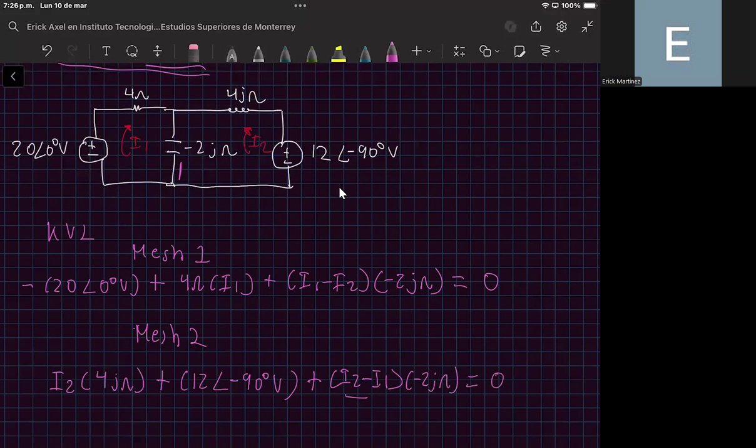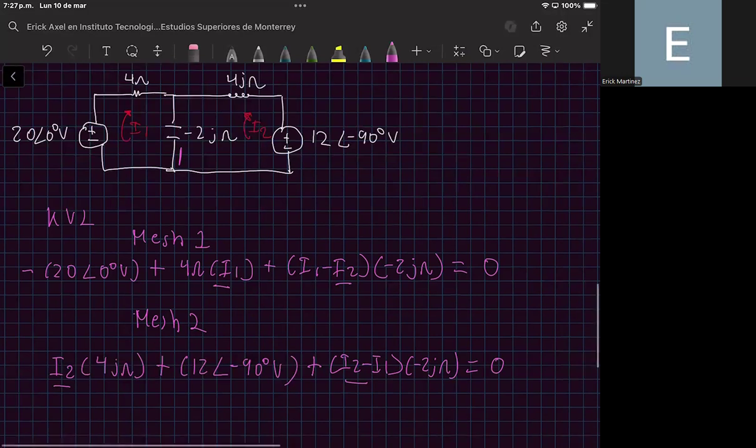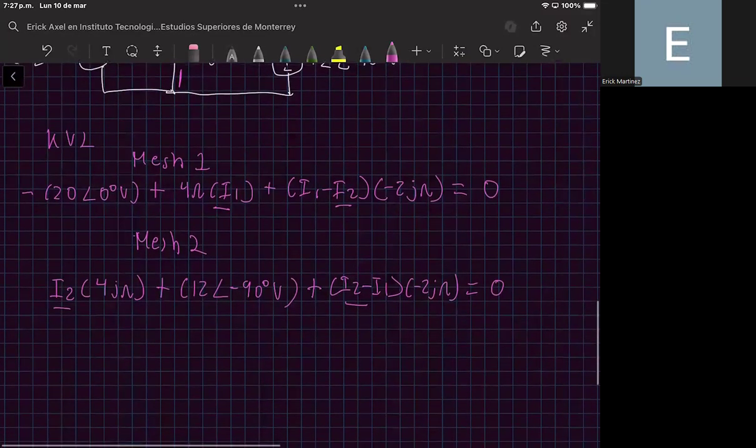Okay? So you can solve these two equations in which you have two unknowns, I2 and I1. We can plug these equations into the calculator, and you will notice that the value of current I1 is equal to 4.123 with an angle of 14.0362 degrees amperes, okay?